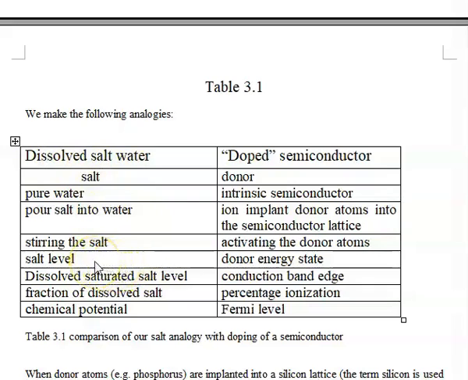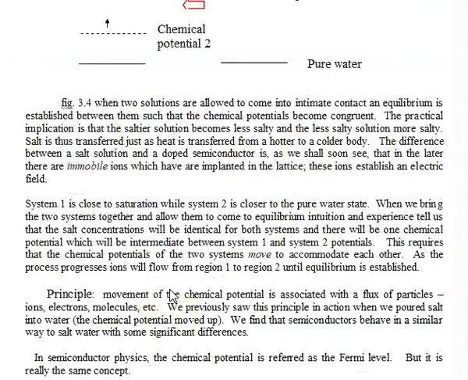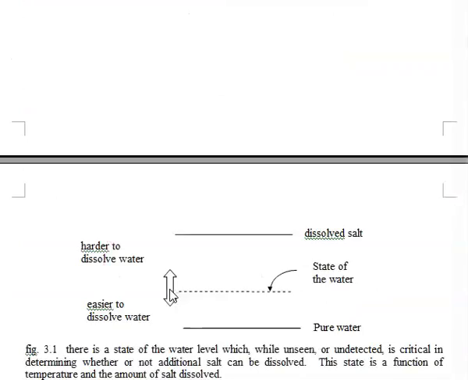The salt level for canola oil will be very close to pure water. It is hard to dissolve salt in canola oil, and it is much easier in pure water. The dissolved saturation level is this level at the top here.